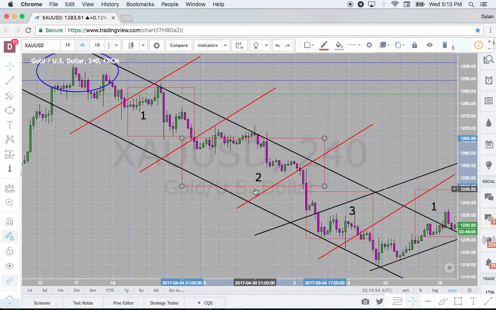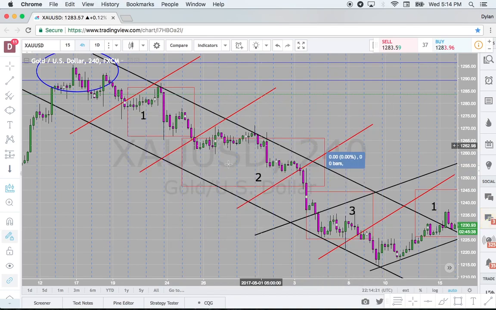The second level usually takes twice as long as the first level. So the first level took about 5 days, so about a week. The third level took 5 days as well. The second level took 10 days. So the first level took a week, second level took 2 weeks, and the third level took a week as well.